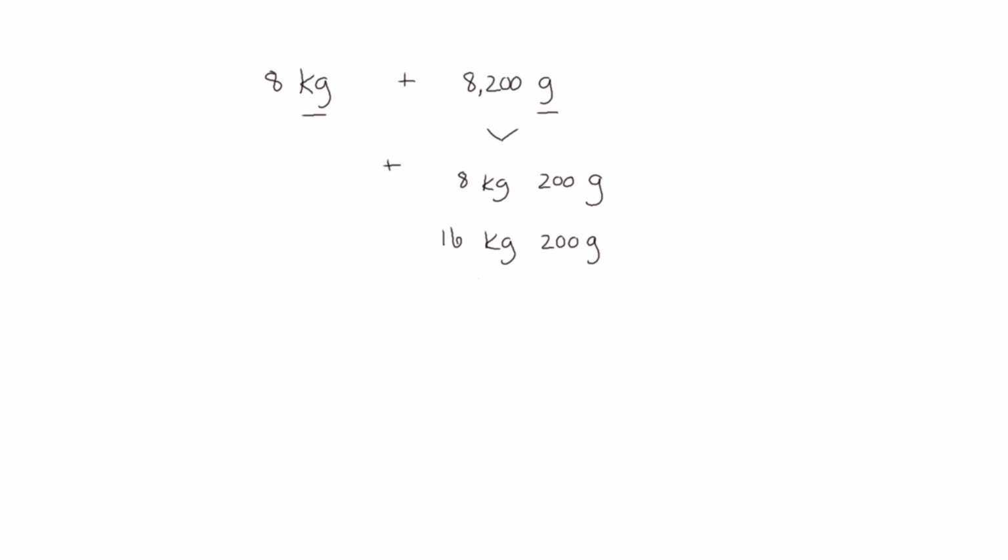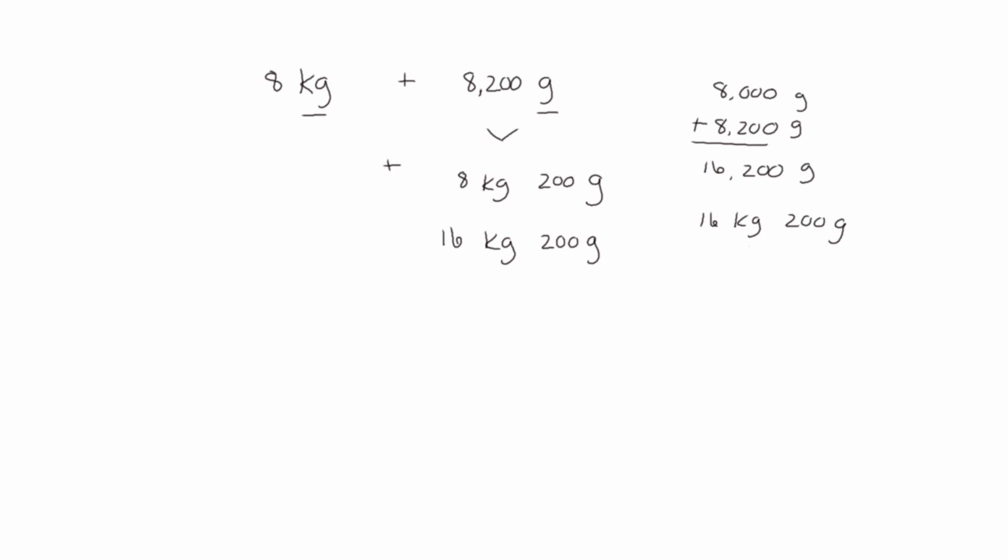We could also turn the 8 kilograms into 8,000 grams and add it to the 8,200 grams and end up with 16,200 grams, which we could simplify into 16 kilograms and 200 grams.